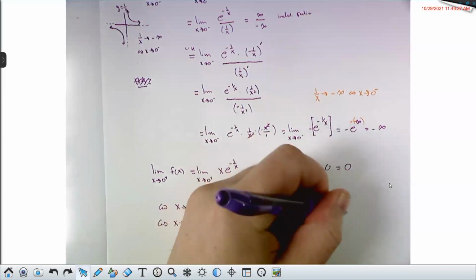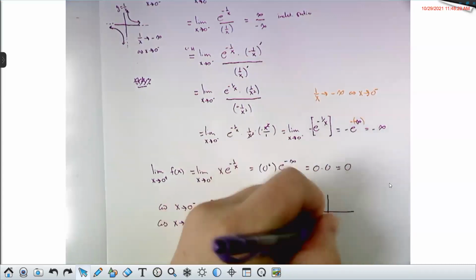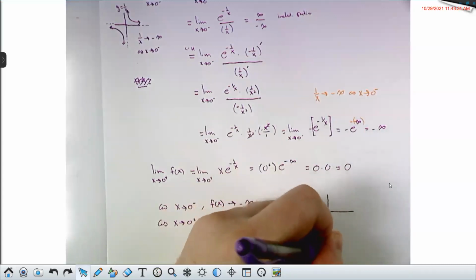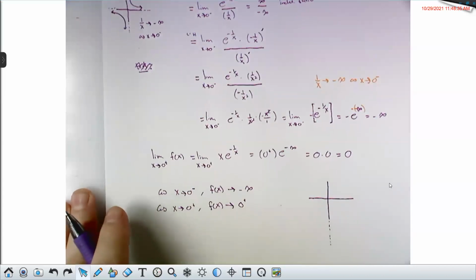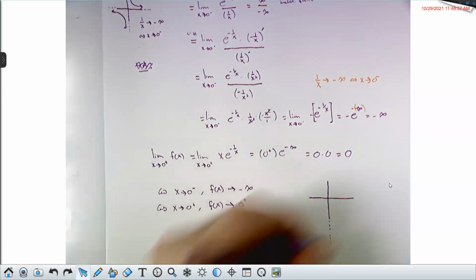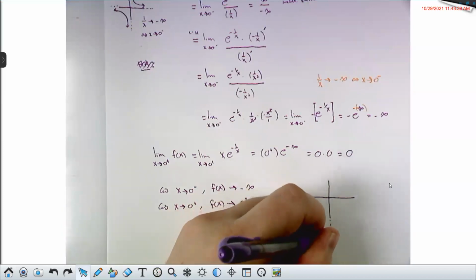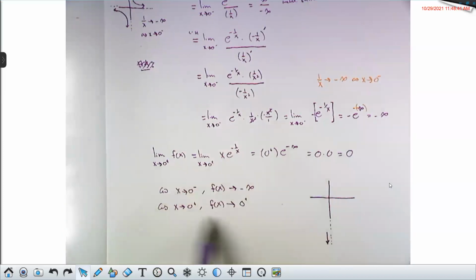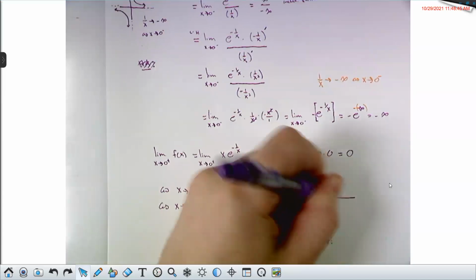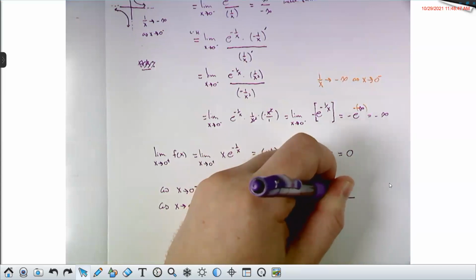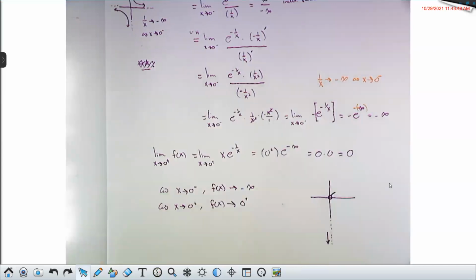So we're coming down to 0 on the right, and we're going down to negative infinity on the left. In other words, if I want to sketch the local behavior near my vertical asymptote, I have a VA at x equals 0. That's what we've just discovered. On the left-hand side, we're going down to negative infinity. On the right-hand side, we're approaching 0, but we know that this function is undefined at 0, so we have a hole. So we're doing something like this. This is what the local behavior near 0 is.